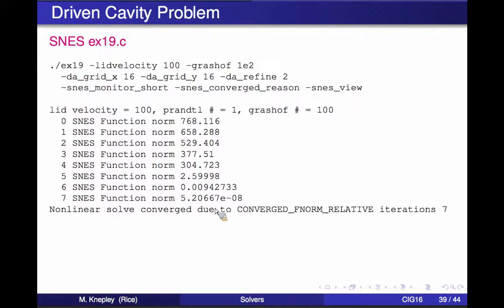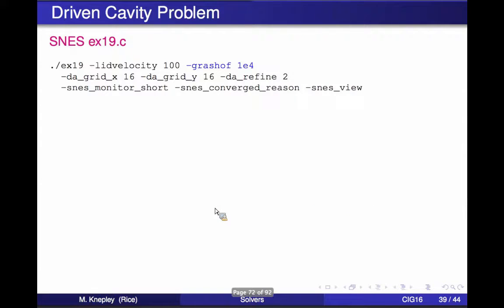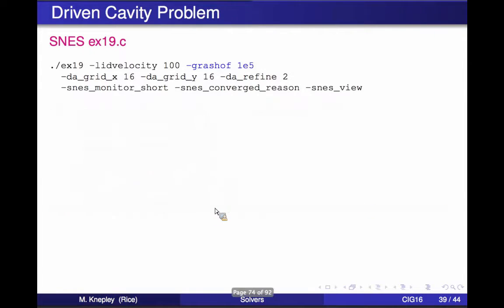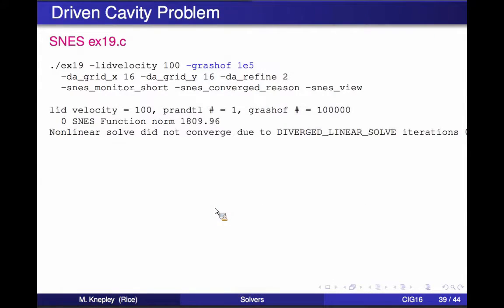And you can get very thin structures. And so here's a very small, this is a 16 by 16 grid and a Rayleigh number of 100, and you say, no problem, right? And then I can raise the Rayleigh number to 10,000, still no problem. 100,000, okay, stuff goes wrong.